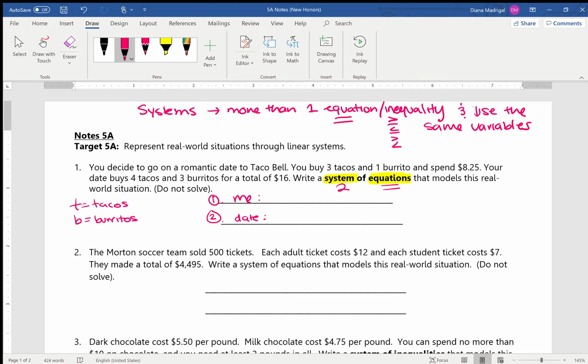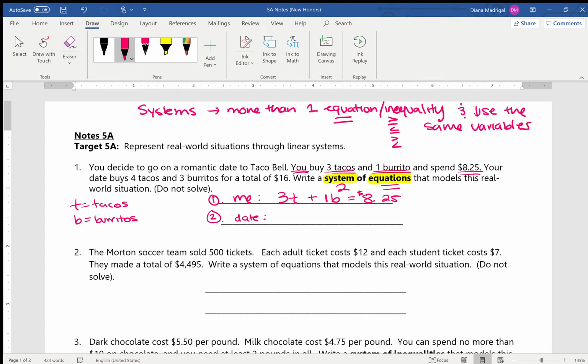It says you, so right here it's talking about me, buying 3 tacos. So it's 3T plus 1 burrito, plus B, and your total was $8.25, so equals $8.25.